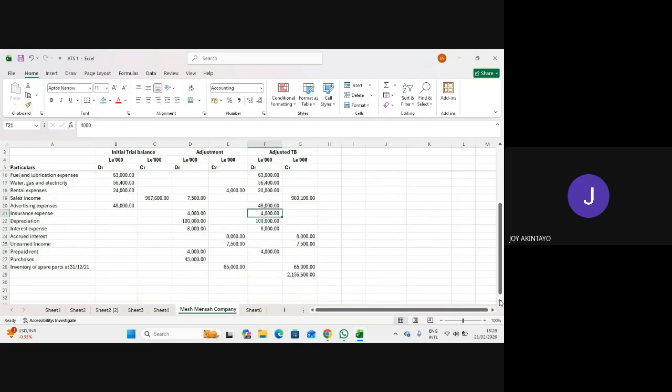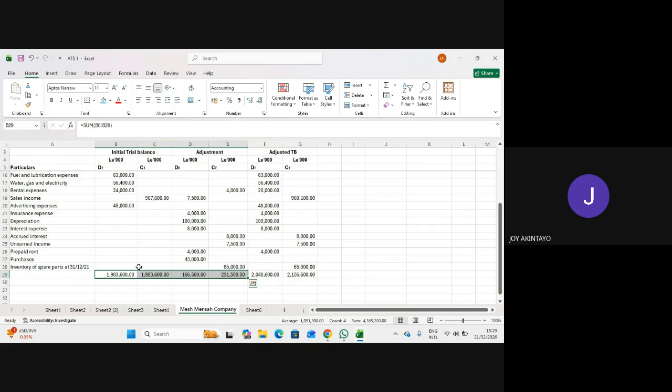So once our value doesn't correlate, it means we have an issue. Our trial balance did not agree. We have some errors.